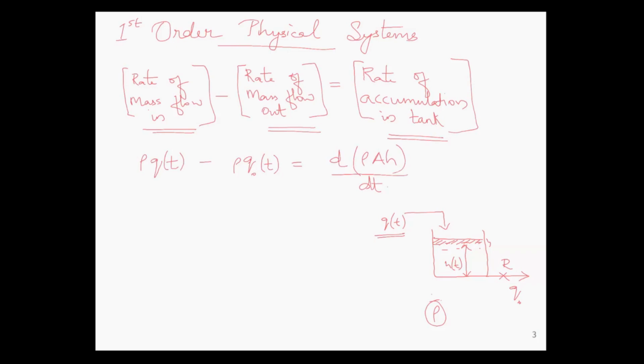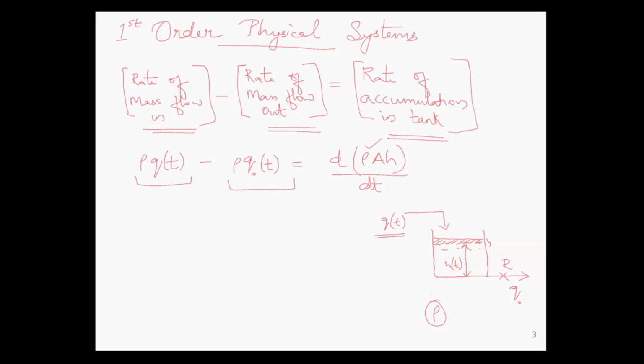This is equal to density times the volumetric inflow of the liquid, that is the rate of mass coming in, minus density times the volumetric outflow of the liquid, that is the mass flowing out, equals d/dt of rho A H, that is the rate of accumulation in the tank, where A is the uniform cross-sectional area of the tank and H is the height of the liquid.